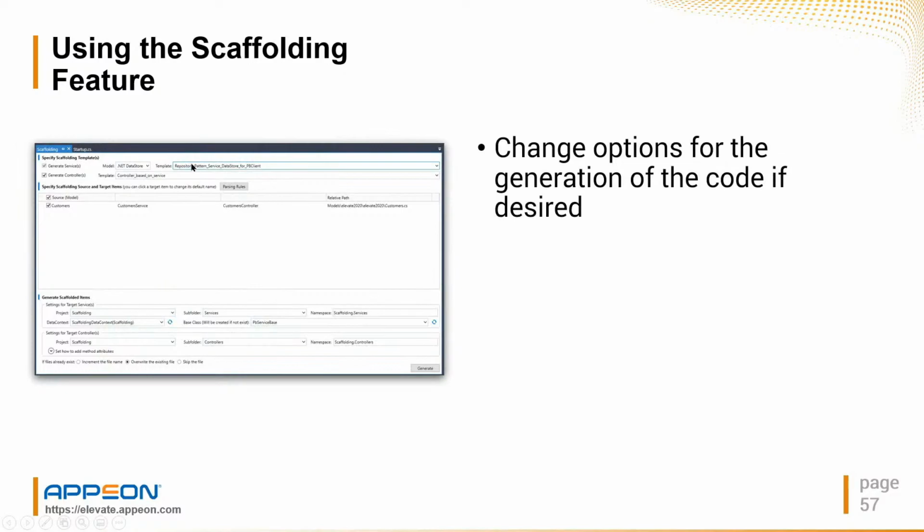In particular, there's a number of different templates available for how it's going to generate the services. Whether it's going to create just the retrieve and update, like I showed you earlier when we did it manually, or if it creates retrieve, update, delete, or if it even creates both the client agnostic and the PowerBuilder specific versions of the services.